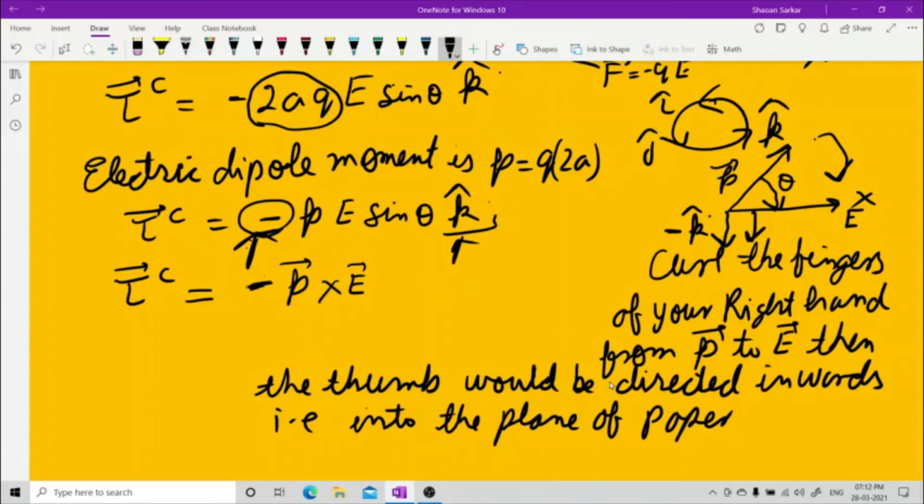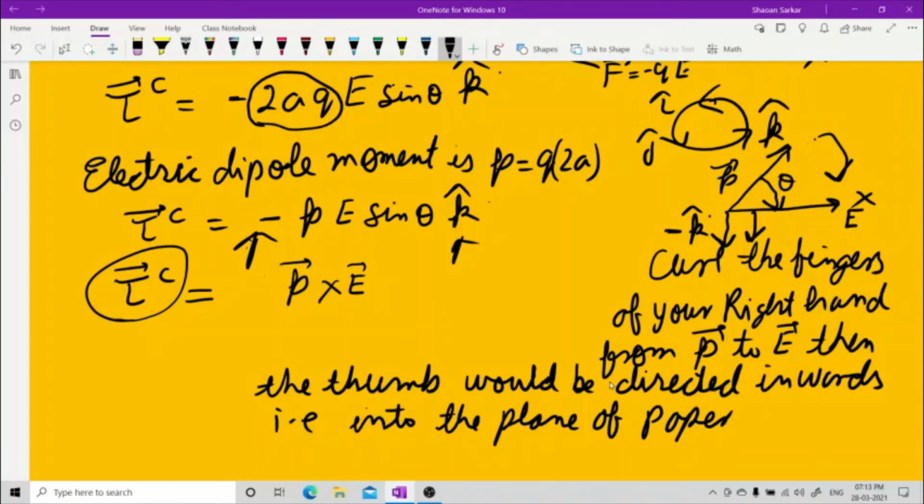This is the conservative torque. This torque is due to electric field. Keep it in your mind. Rather, instead of writing minus, I can write this. The minus k will get absorbed here, because when you rotate it, this is the work done due to electric field. This is the conservative.